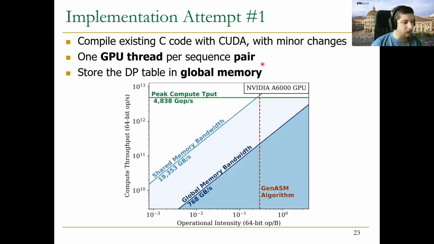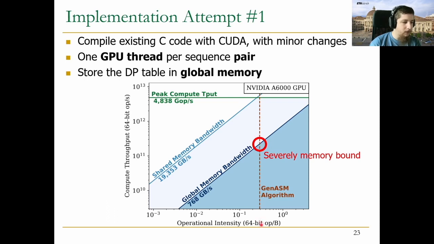If we look at a roofline model, this is of an NVIDIA A6000 GPU, which is Ampere, the most recent architecture of NVIDIA. It's a very big GPU, and this is the roofline model. So you have the bandwidth of global and shared memory and peak compute throughput. If we store the DP table in global memory, as we did here, we notice in this roofline model that we would be severely memory bound.